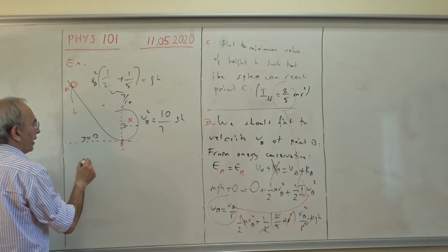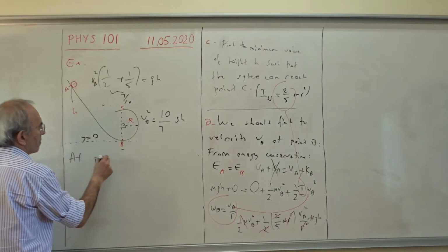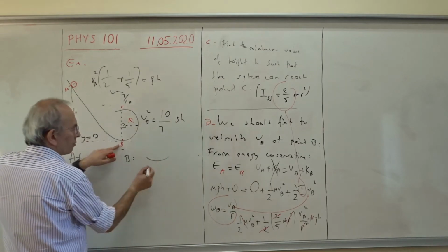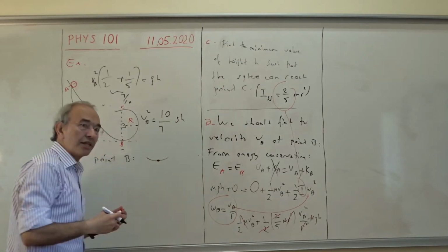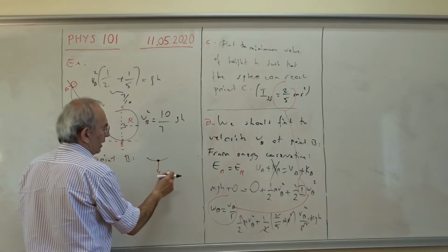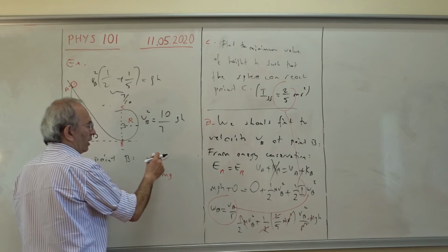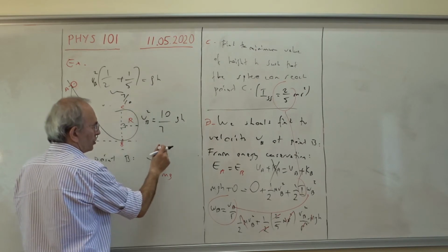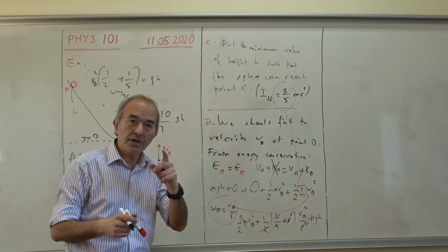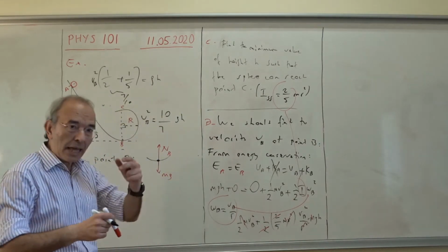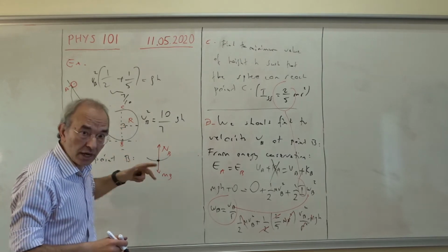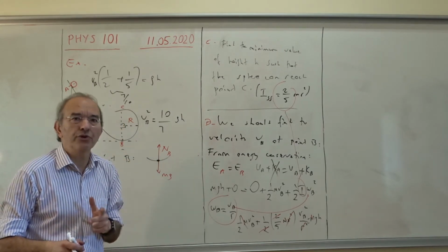So we found the velocity, but in order to get to the forces, we should write the force equation at point B. What are the forces acting on the object? There is a force of mg acting down, and the normal force, which is normal at point B. We do not draw any such thing as mv squared over r. Of course, mv squared over r is pointing towards the center, never outside, as I said several times beforehand.